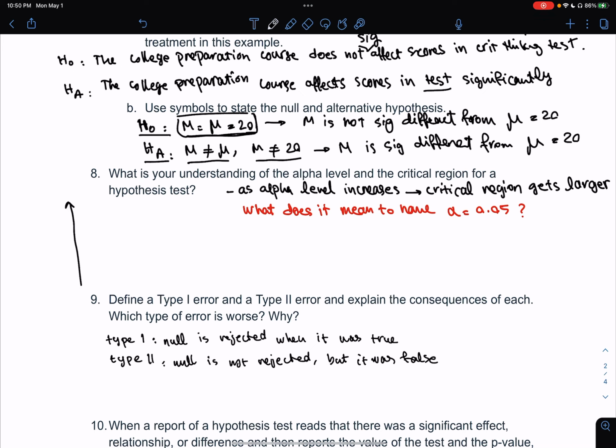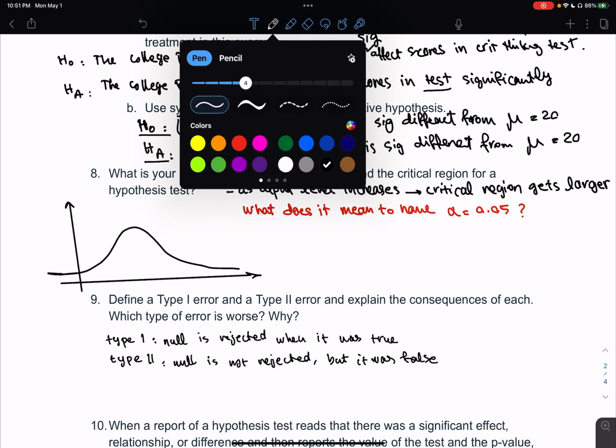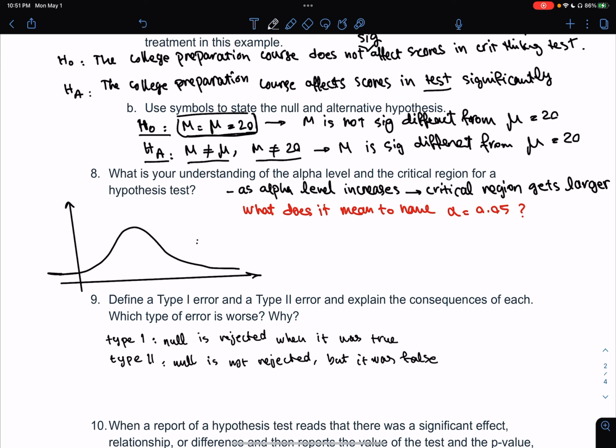So basically, the simple meaning is that when we set the alpha level as 0.05, let's say this is a 0.05 alpha level.